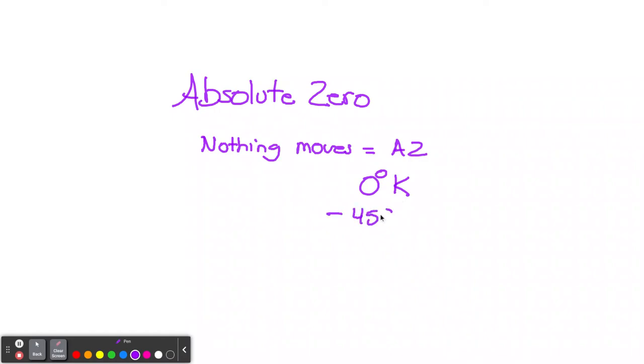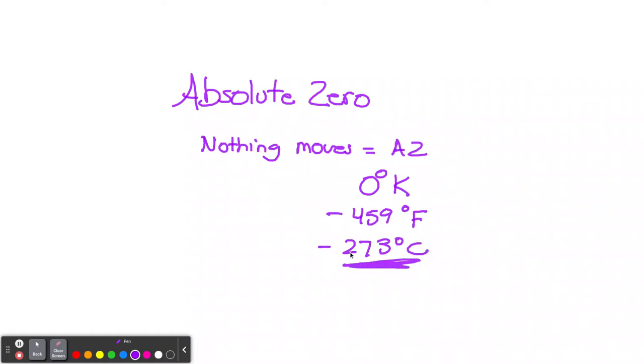Basically, when nothing moves, theoretically you can reach absolute zero, which is 0 degrees Kelvin, negative 459 degrees Fahrenheit, a little over that, and about negative 273 degrees Celsius, a little over that too.